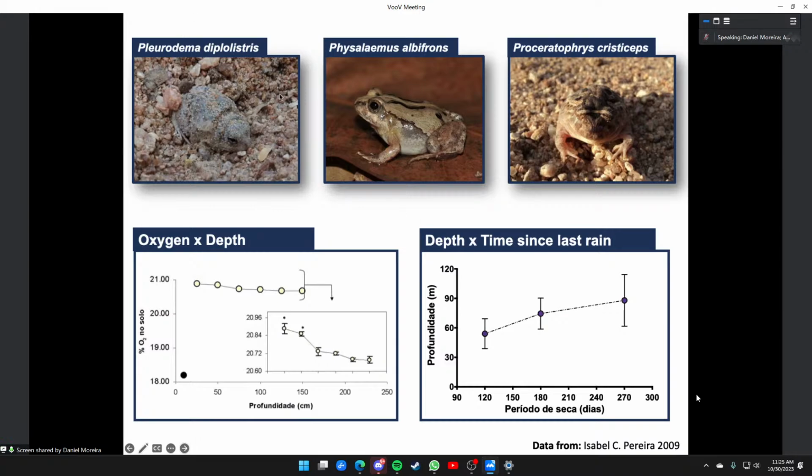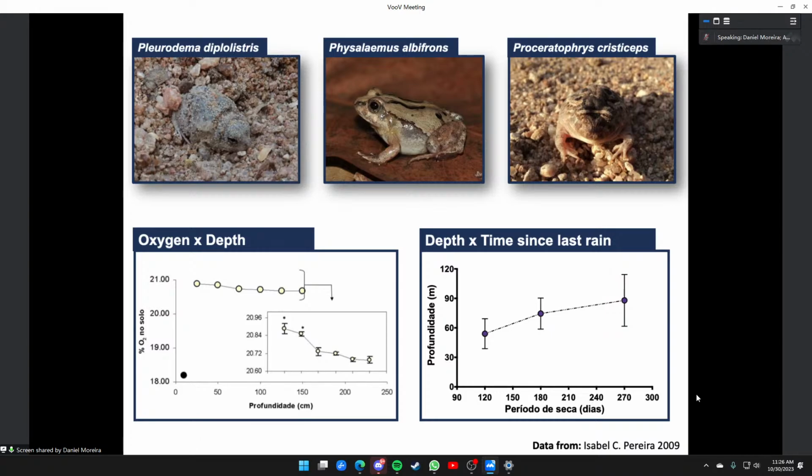We find 3 frog species: Pleurodema diplolistris, Physalaemus albifrons, and Proceratophrys cristiceps. These three frog species bury themselves in the dry soil and estivate during the dry season.